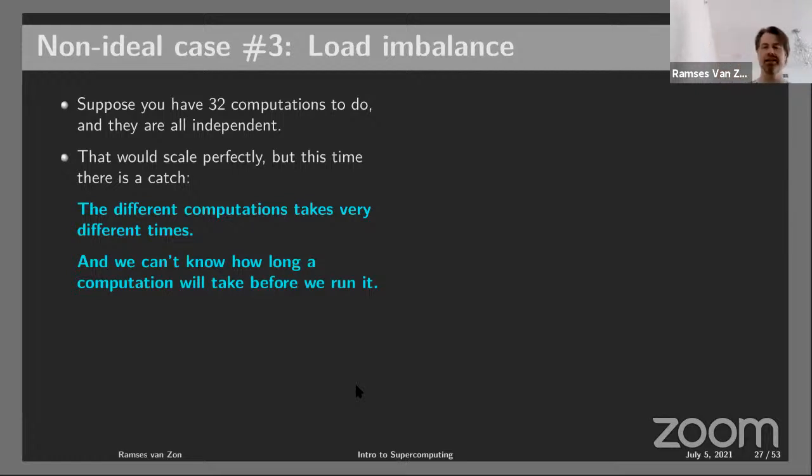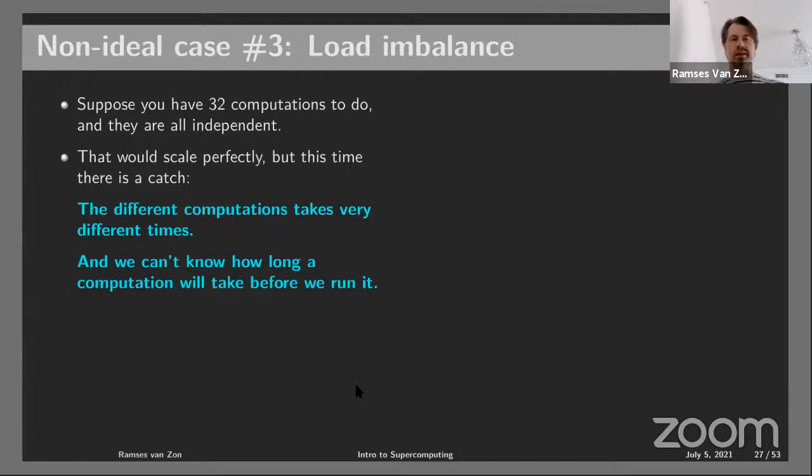And then finally, another non-ideal case where you can't just do things in parallel and expect performance is when you have computations to do that do not take the same time. In the case of our summation, we divided our data set into 4 batches of equal size, and they would take the same time. What if you don't know that ahead of time?